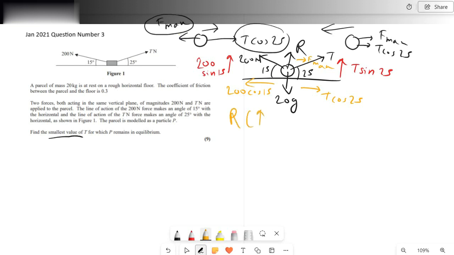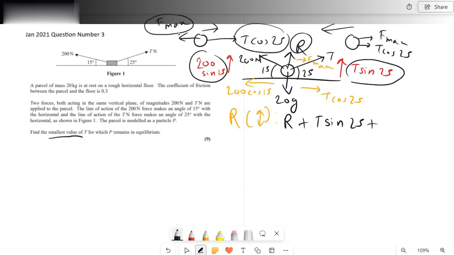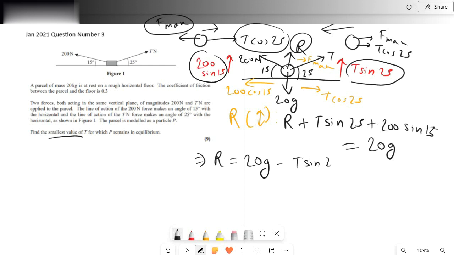So to resolve vertically upwards, we have R plus t sine 25, which is this one, this and this, plus 200 sine 15, is going to be equal to the weight, which is 20g. Therefore, the normal reaction force is going to be equal to 20g minus t sine 25 minus 200g sine 15.